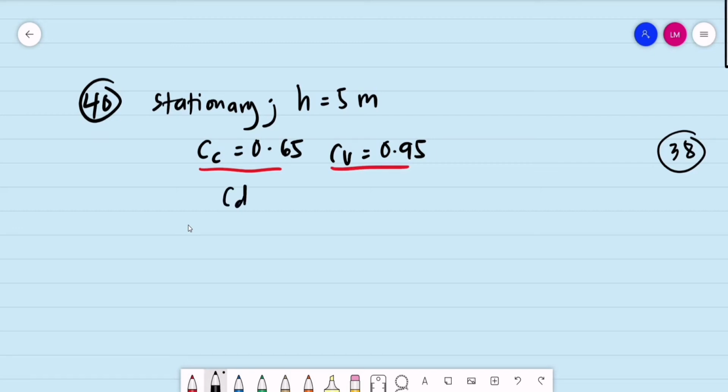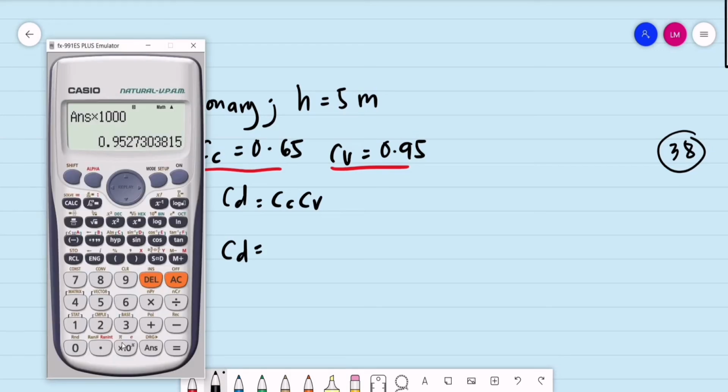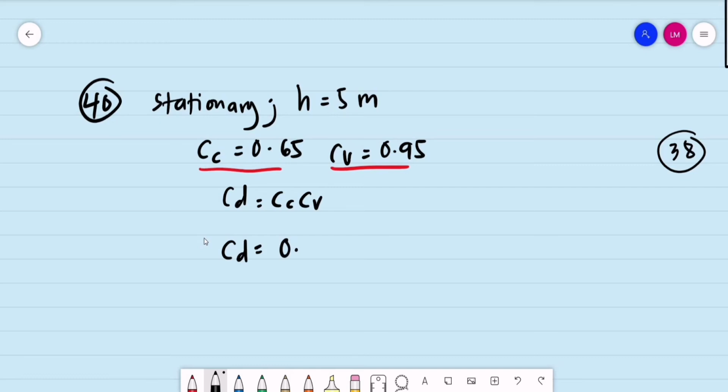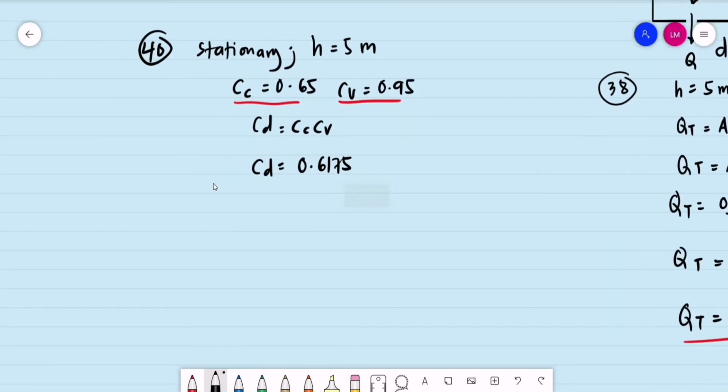Okay, the C sub D is equal to C sub C multiplied by C sub B. Okay, kunin natin yung coefficient of discharge. So, 0.65 of 0.95. That is 0.6175. Okay?